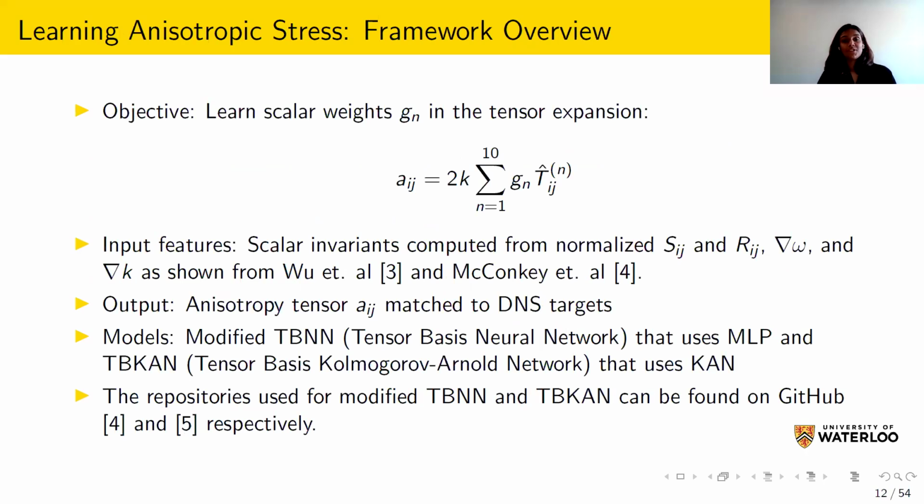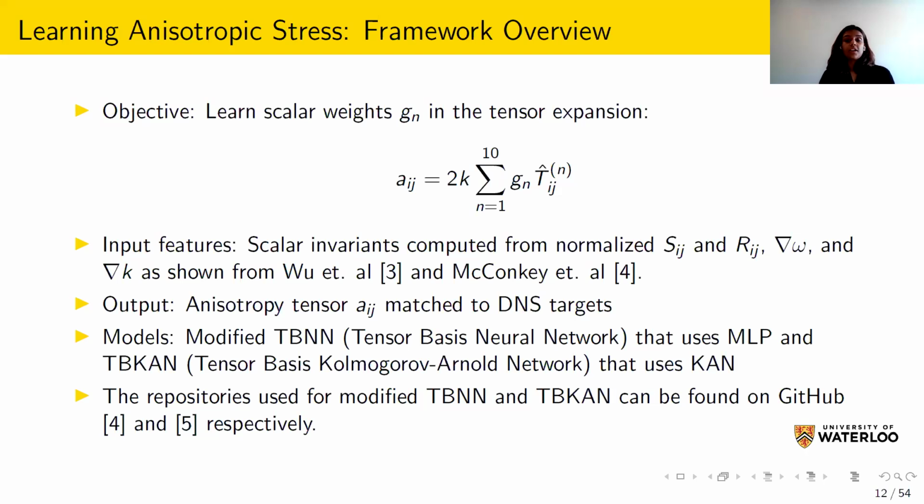To break down the framework into a few slides, the objective is to learn the scalar weights Gn in this tensor expansion. The input features that we would be using for our study are the scalar invariants that are computed from normalized Sij, Rij, and the omega and k values. This is originally shown in Wu's paper and McConkey's.